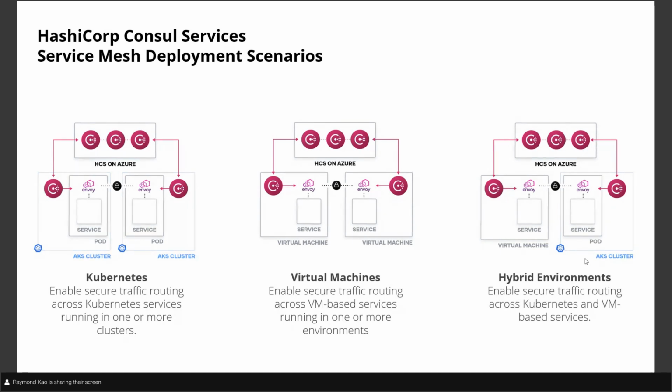Kubernetes typically is the one that most organizations are moving towards. You might also be an organization that's fully virtual machines. HCS will work in that scenario as well, and the documentation around deploying on VMs is there too. You are more likely going to land on the right-hand side, a hybrid environment. It's not going to be all VMs.